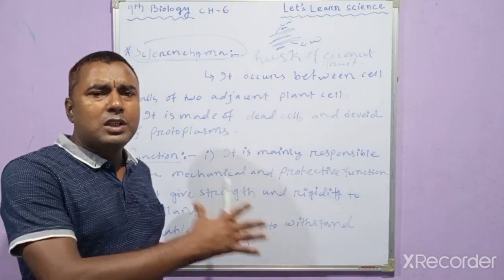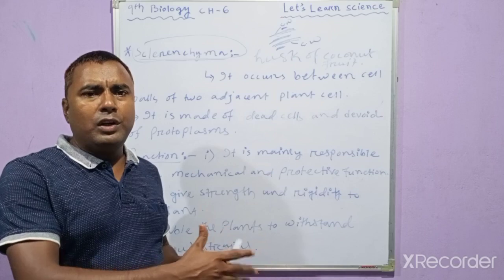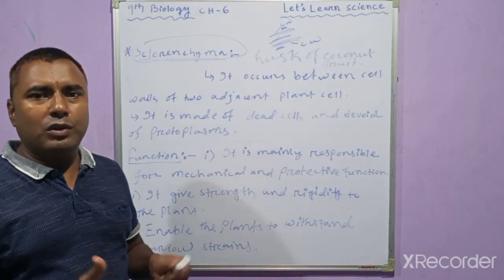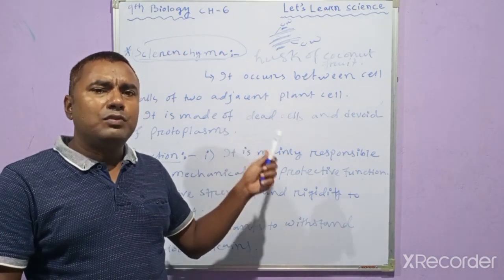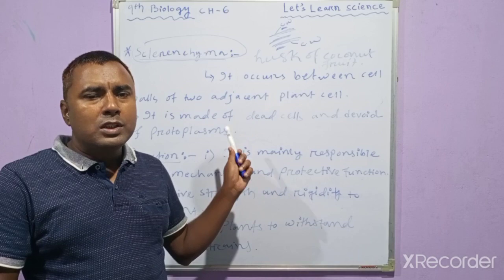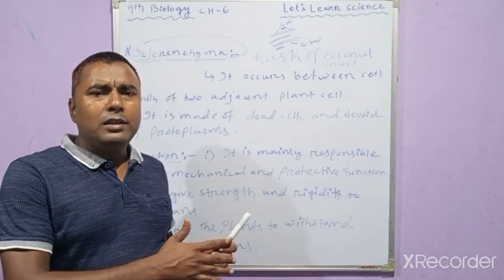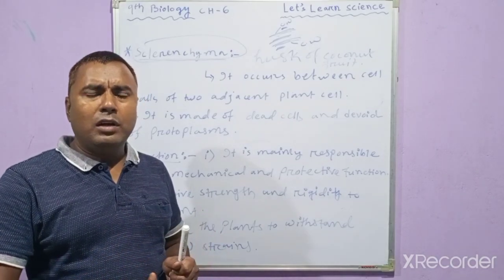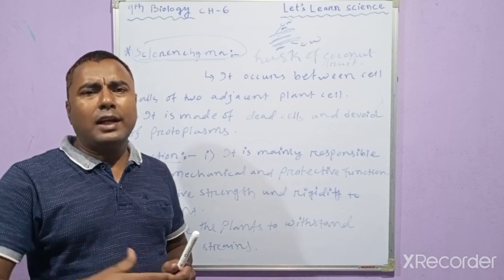So in this way, today we have learned the various types of permanent tissue found in plants. Let us recap what we have learned: simple permanent tissue and complex permanent tissue. Simple permanent tissue has been divided into three categories: parenchyma, collenchyma, and sclerenchyma.